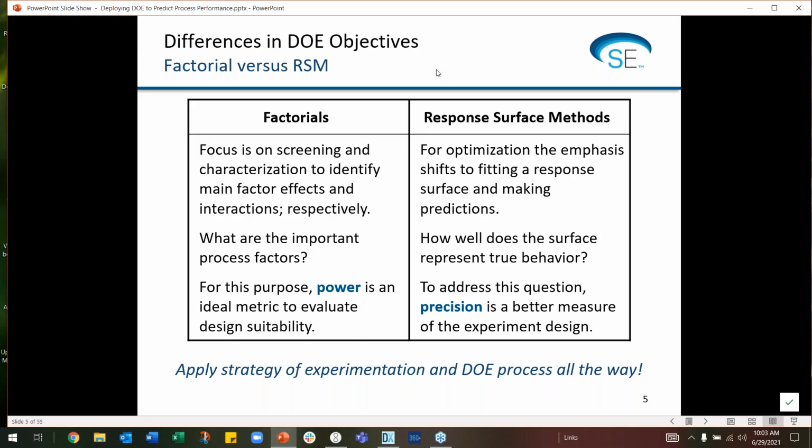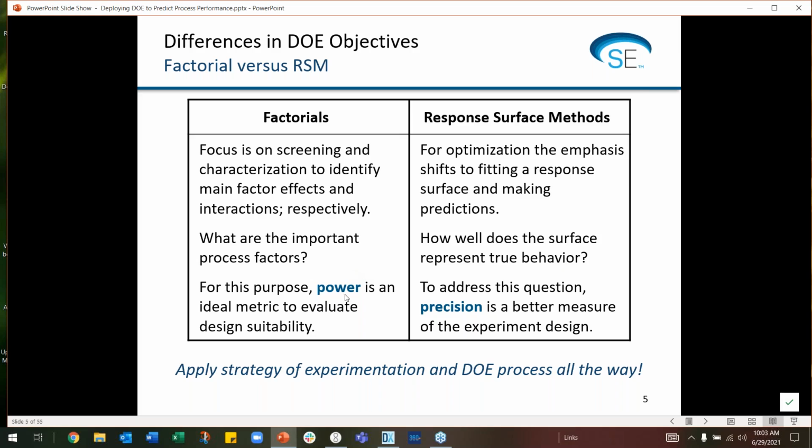The response surface designs, on the other hand, are used for optimization, and the emphasis shifts to fitting a good response surface and making predictions. So we change our emphasis from asking what are the important process factors to how well does this surface represent the true behavior of the system.